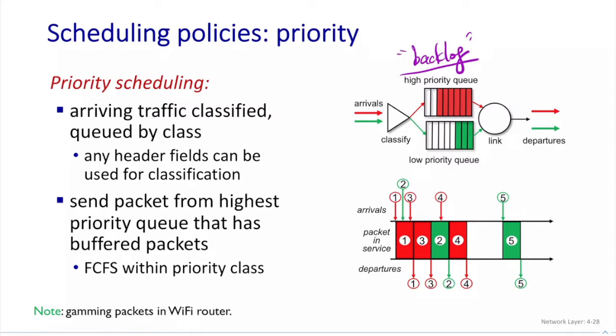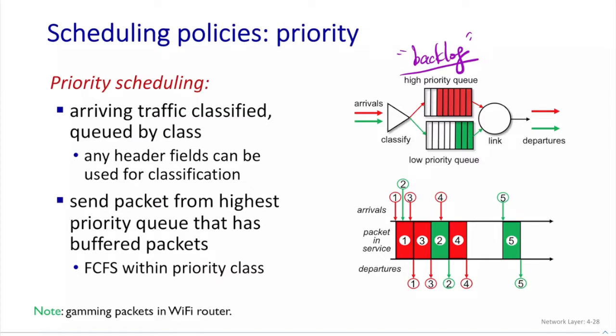The server here will consume the red queue first. If there is any red packet in the high priority red queue, the server will serve the red packet first, no matter how many green packets are in the green queue, and no matter whether the green packet arrived before the red packet.